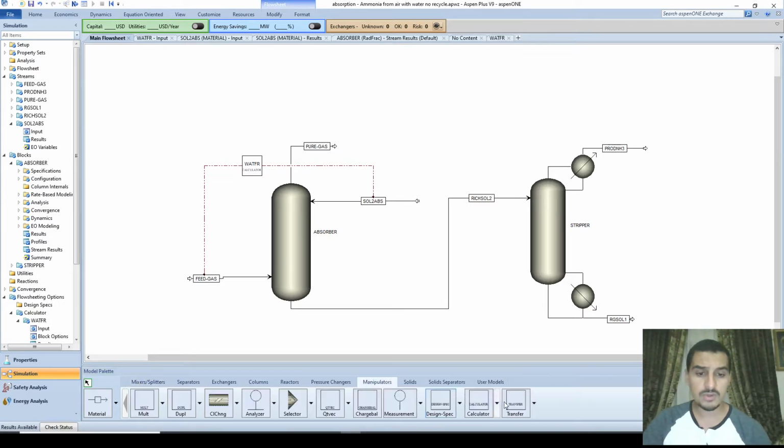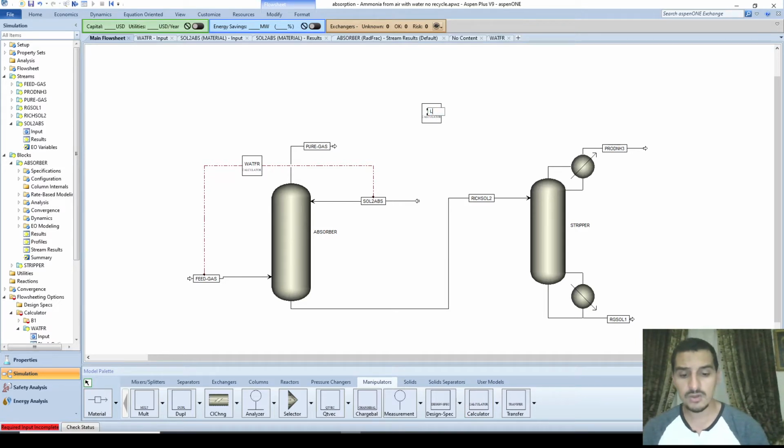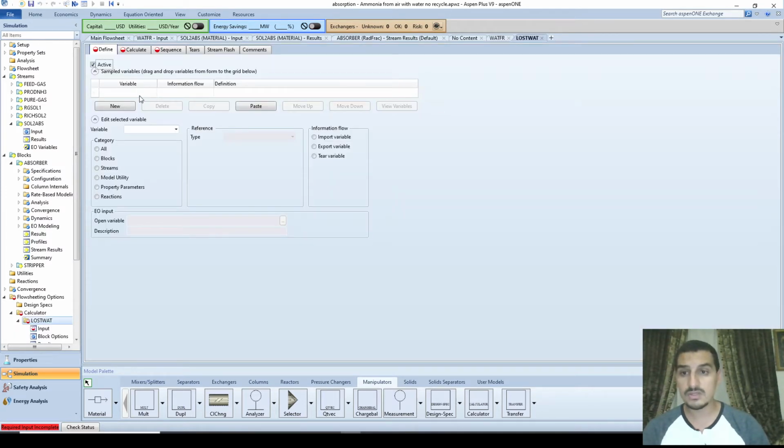So we'll go to manipulators and create a new calculator, and I'll call it lost water. And now I'm going to define some variables.